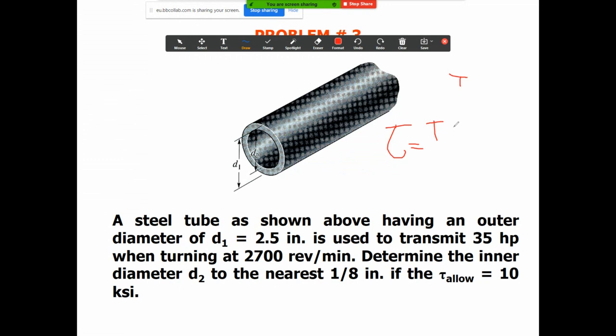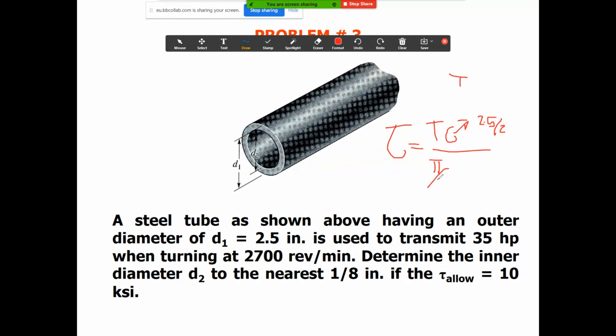from here. And the c here will be based on the outer diameter, which is equal to 2.5 over 2, divided by J. J in this case is equal to what?